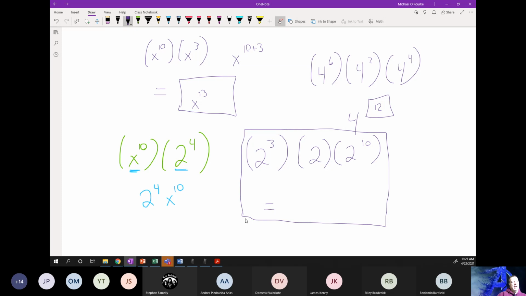Who can give me the answer for that one? Two to the 14, 2 to the 14. Good. 2 to the 14 is correct, and there is a 1 up there. You guys, I want to make sure there's a 1 up there.